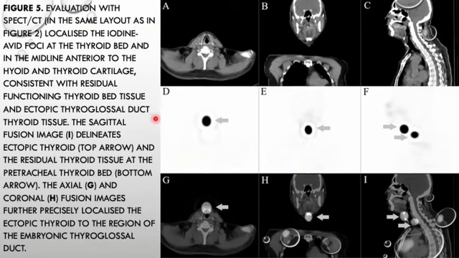We can see here better that the SPECT CT more precisely localizes the presence of accessory thyroid tissue to the region of the embryonic thyroglossal duct region. Here we can see that it's just anterior or along the thyroid cartilage region here.